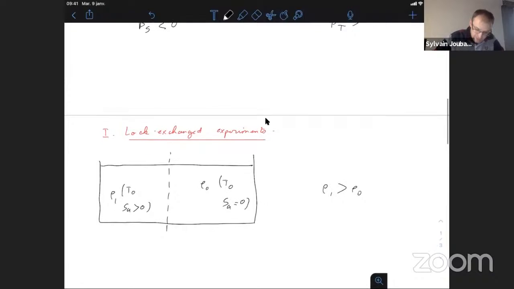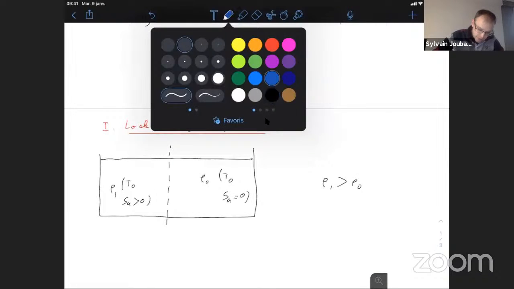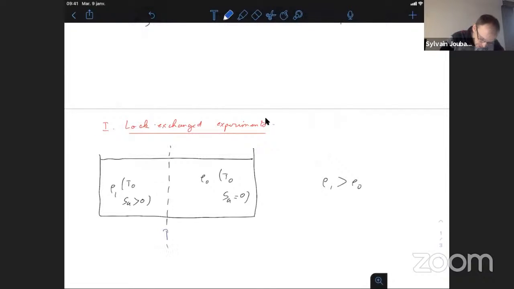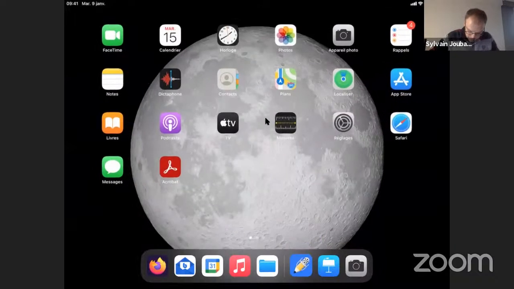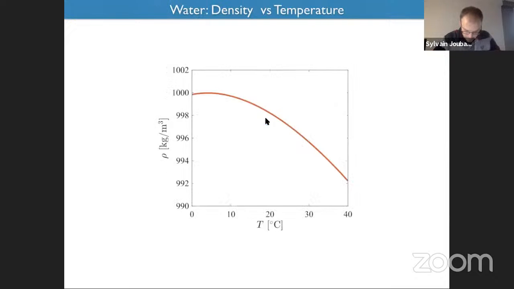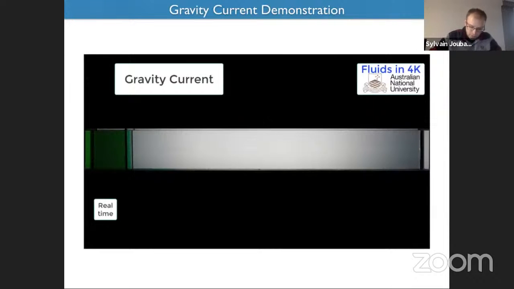In the experimental system I want to discuss, we remove this bar. If we do that, you can see this experiment, which is called a gravity current.